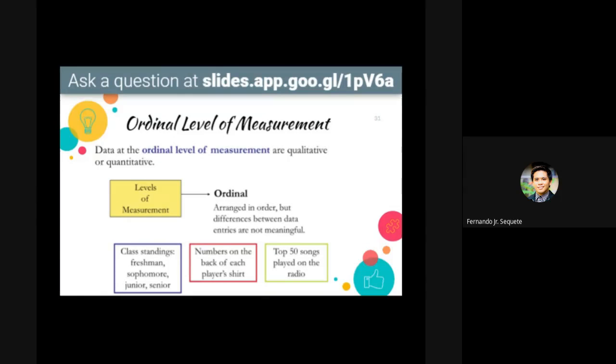Again, ito yung sinabi ko kanina na meron siyang order in a logical order, but they don't have any relationship. Ibig sabihin, walang relationship ang rank 1 at saka rank 2. Rank 1 at saka rank 5. No relationship. Because according to here, but differences between data entries are not meaningful.